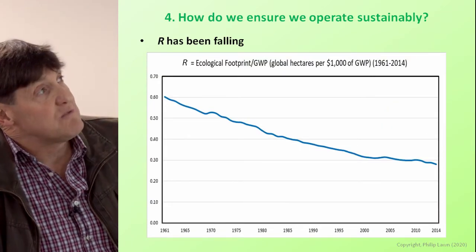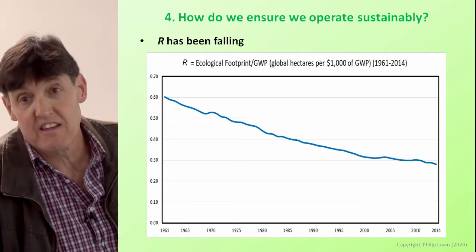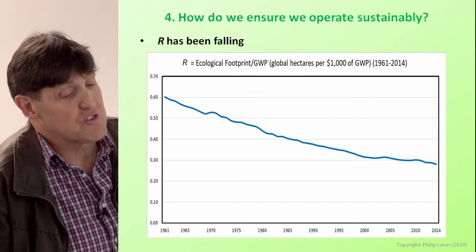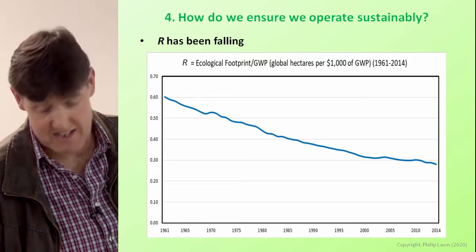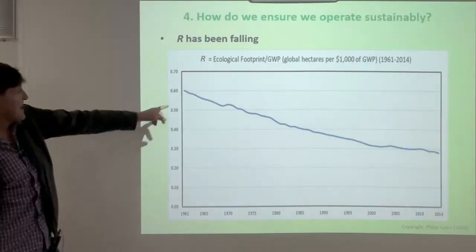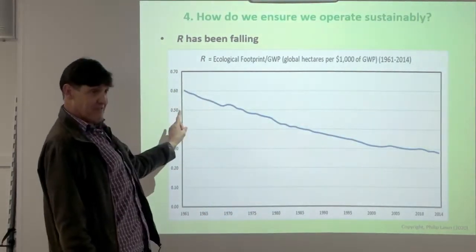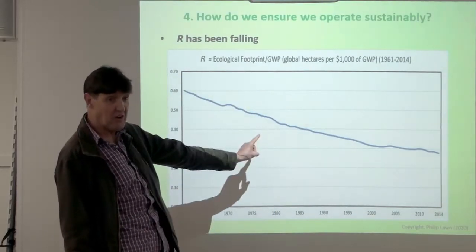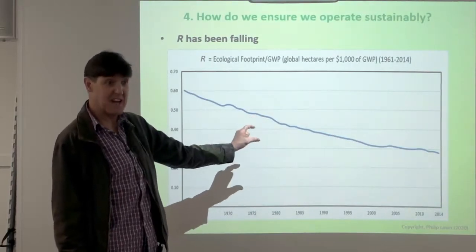So the resources used to produce $1 worth of gross world product has been falling. We're not using as many resources to produce $1 worth of gross world product, but we are using more resources. The footprint has been rising because that's virtually halved. But remember, the population's doubled, that's 2, times A has doubled, times 2 is 4, times half is 2. That's why footprint has doubled.